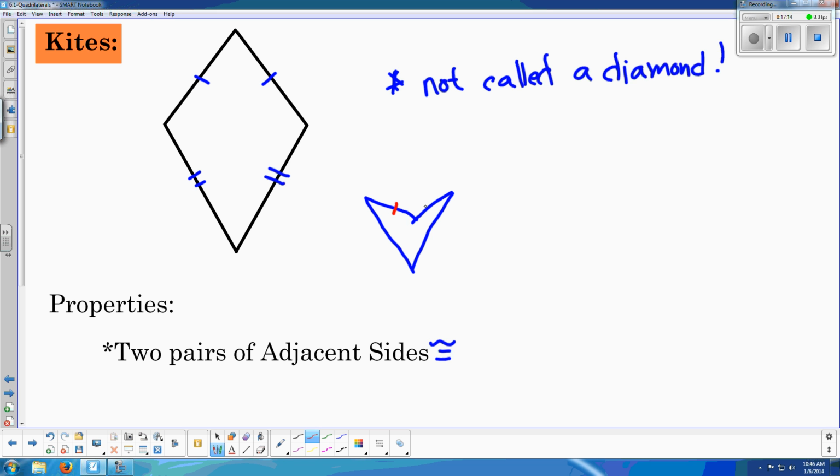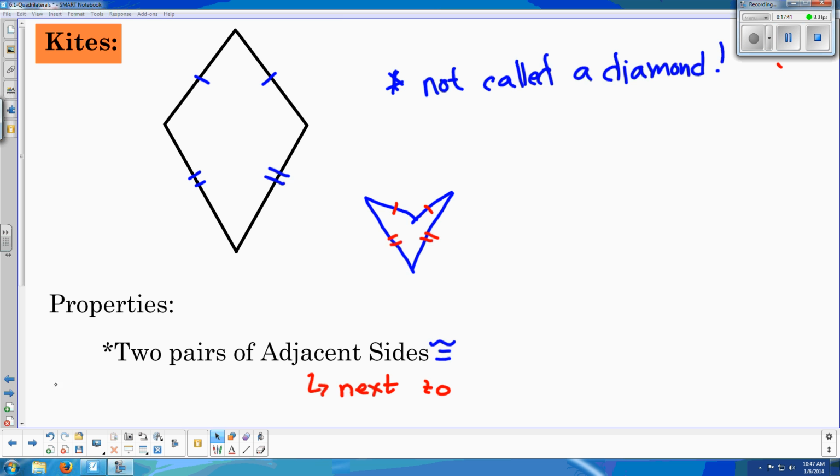This side is congruent to this side, and this side is congruent to this side. Now, these two sides are adjacent and they are congruent, which matches our property, and these two sides are adjacent and congruent. Remember, adjacent means next to. Do not forget this. We have adjacent angles that we learned last semester. Now we have adjacent sides. They are just sides that are next to each other.